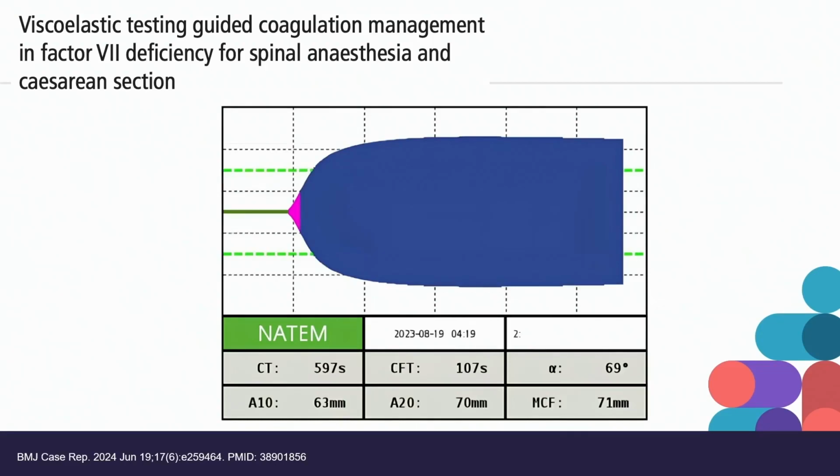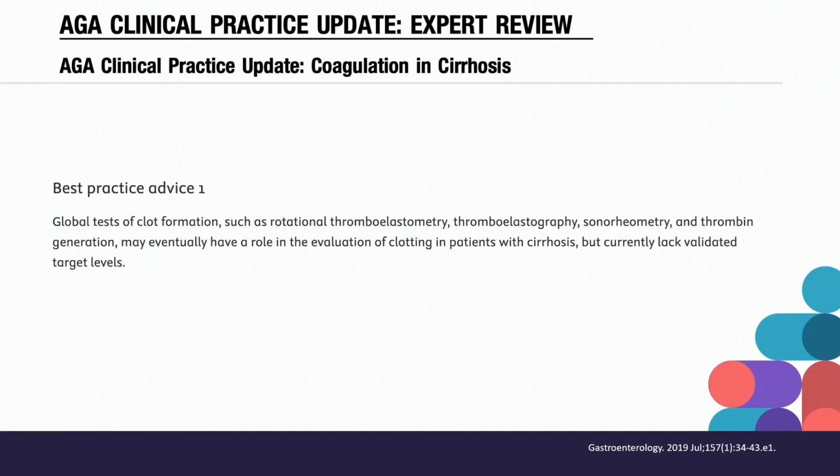As you remember previously, an INR of 1.5 is about 40% activity in these patients. They did a ROTEM, or a NATEM, a non-activated thromboelastometry, which was completely normal. The patient also had a history of hepatectomy in the past. All parameters were in reference range. They did the spinal, and the patient was fine.